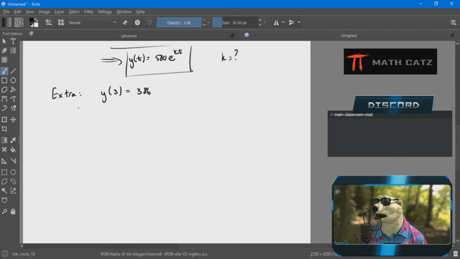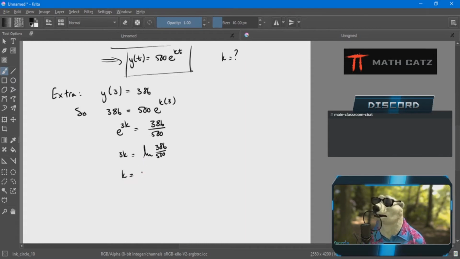So I can say that 386 has to equal 500 e to the k times 3. So e to the 3k is 386 over 500. 3k is therefore the natural log of that. And so k is a third of log 386 over 500. Let's see what we get for our k.